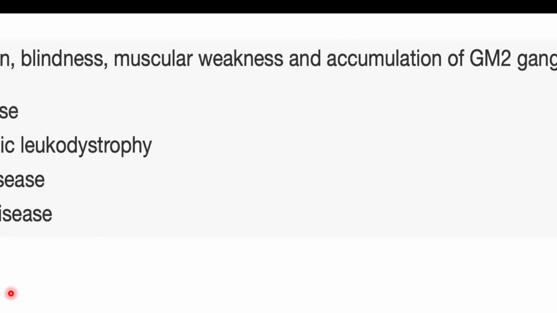Let me take a look at the options. Aparna says C. Ramya is also saying C. Aishwarya is saying C. This condition mainly caused damage to nerve cells.